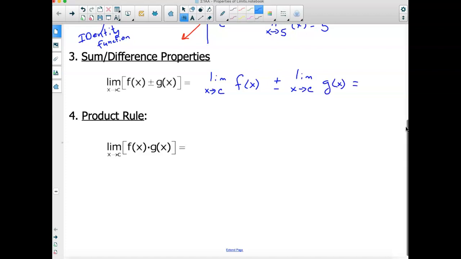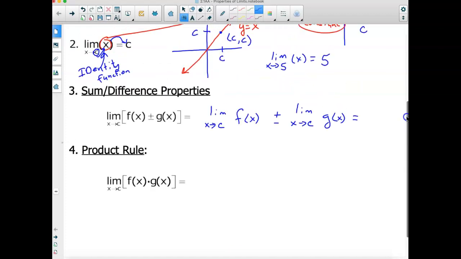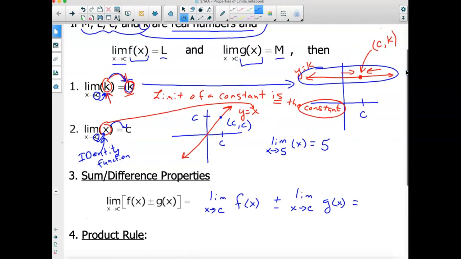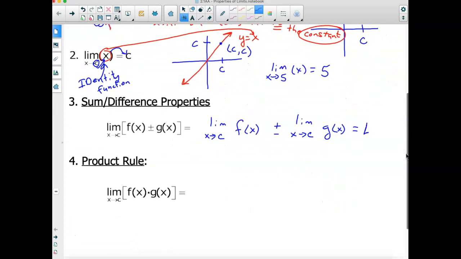And what does it equal? Well, if I look at the top, the limit as x approaches c of f of x they define to me as L, and the limit as x approaches c of g of x is m. That just means L plus m. I add the limit of each one together. It doesn't matter if I add them out here or if I add them in the middle.